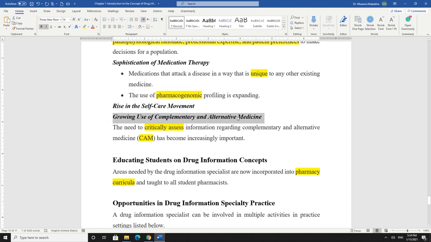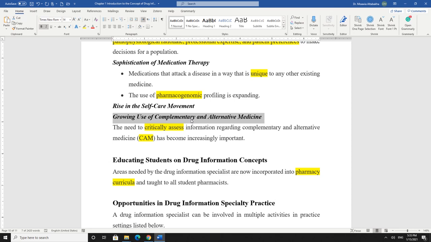Growing use of complementary and alternative medicine. Now many of them try herbal products, for example, and you know that less information is available regarding complementary and alternative medicine. You don't find a lot of clinical trials about them.